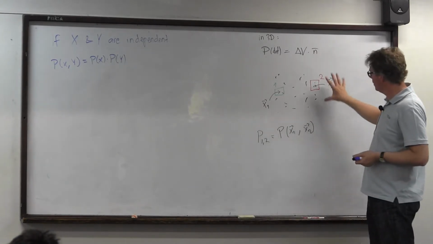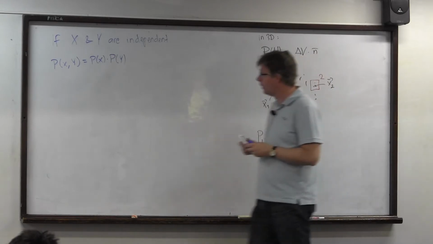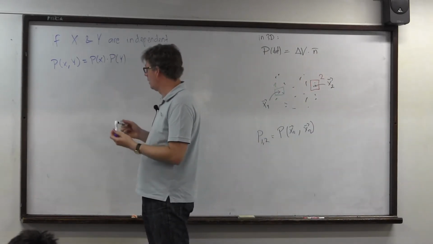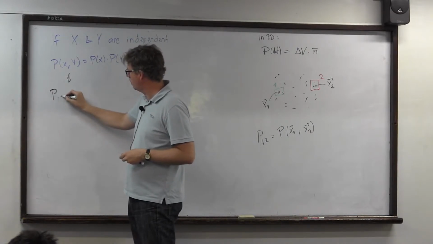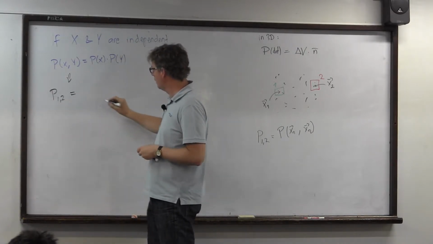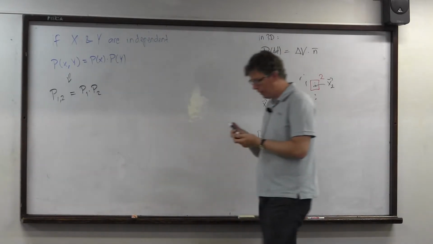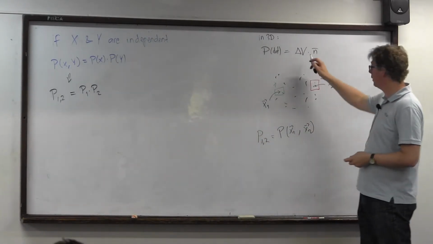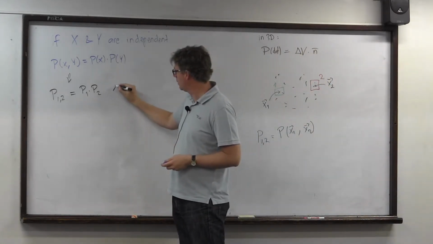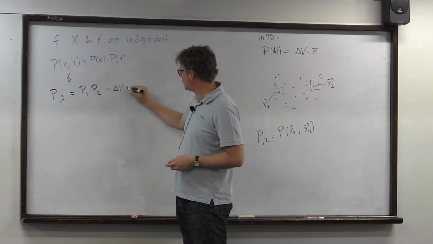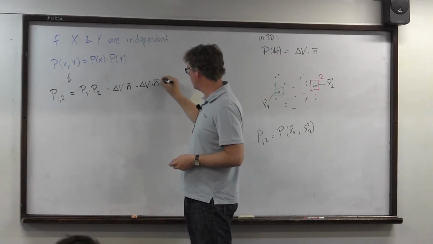But in this case, if I say they are independent, then I would have my P12 will be P1 P2, and P1 we calculated here. It's delta V times the mean density times delta V times the mean density.